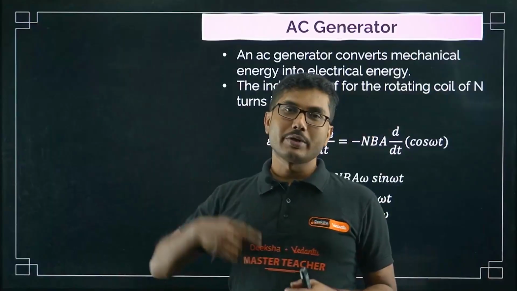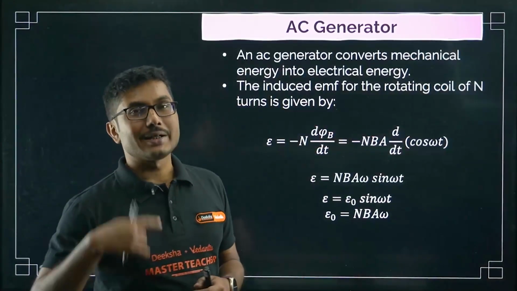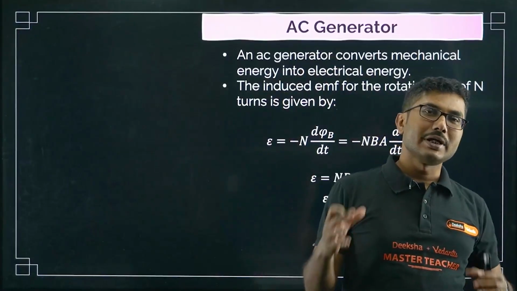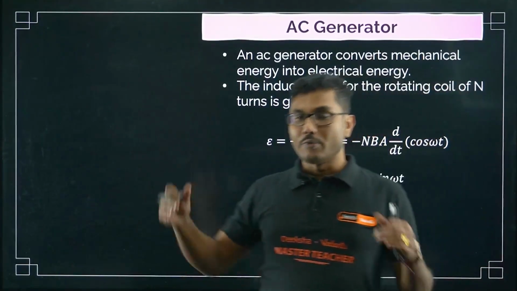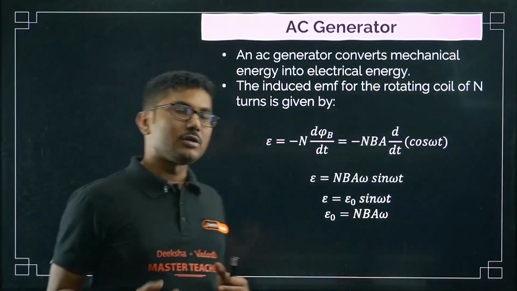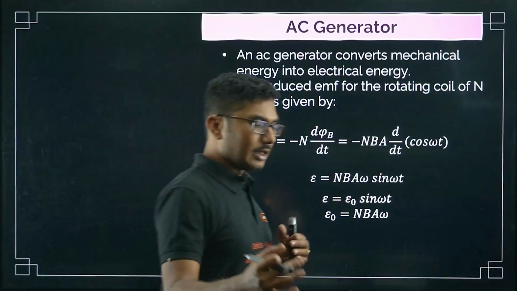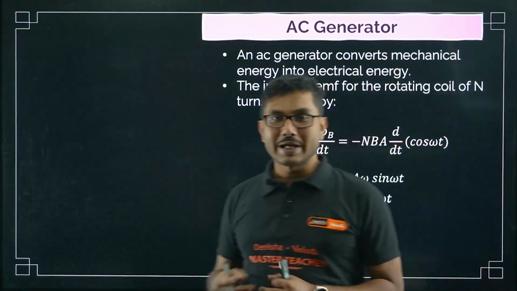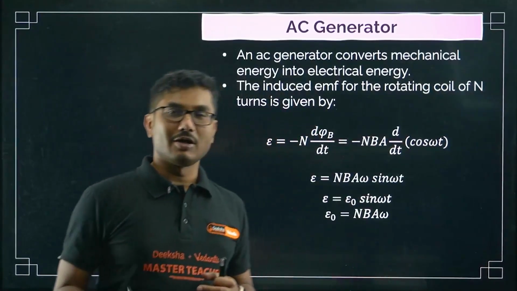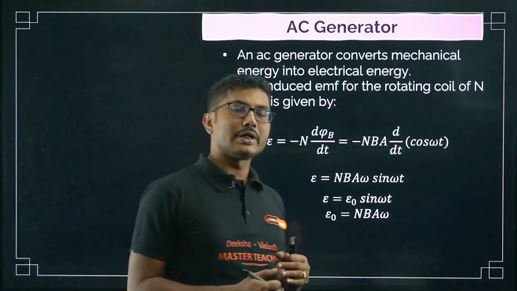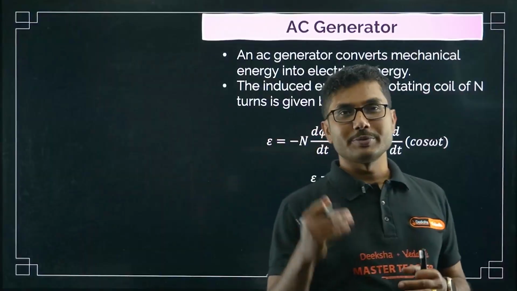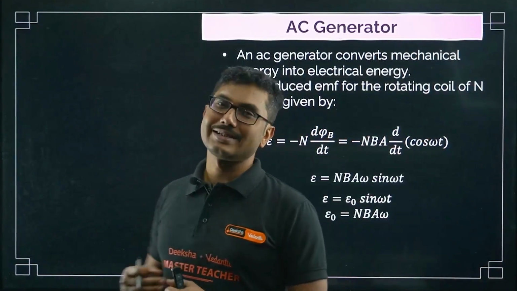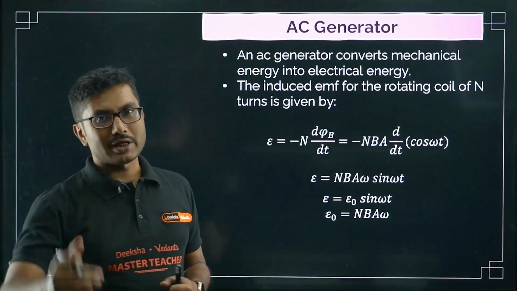That propeller rotates, or we say the turbine rotates, and the rotating turbine is basically fixed with a magnetic frame where there is a coil. That coil also rotates along with the turbine. Now as the coil rotates in the magnetic field, the rate of change of flux associated with the coil also changes, and because of that there is an induced current. That induced current is collected and sent to our homes for our consumption.